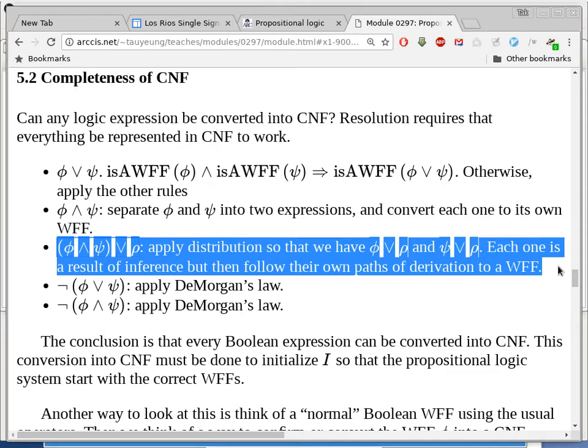But I use the English word and here because in the WFF space, we only represent disjunctions. So that's why we break this up into two things, this one and this one, and then each one has to be broken down individually. So is that okay?